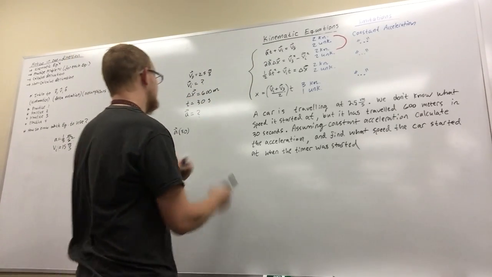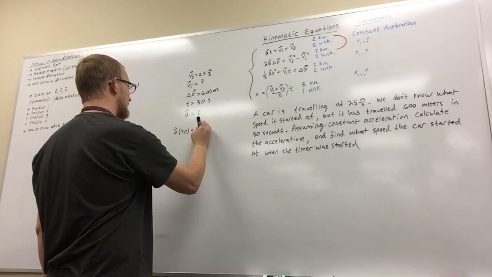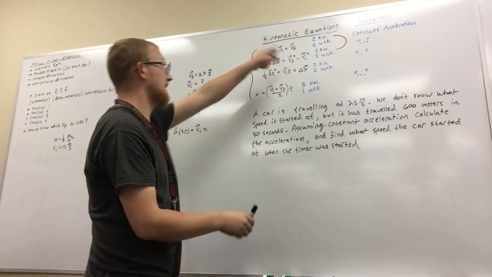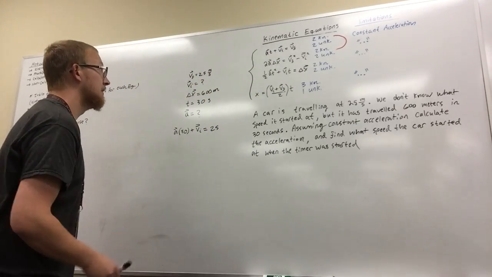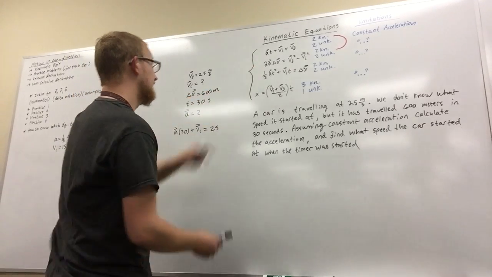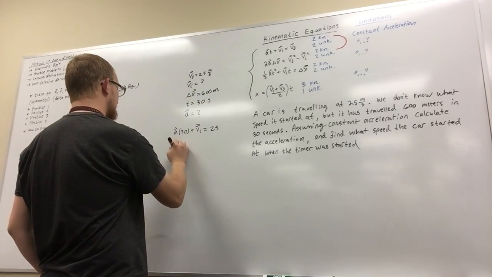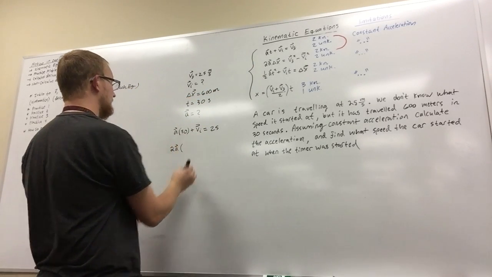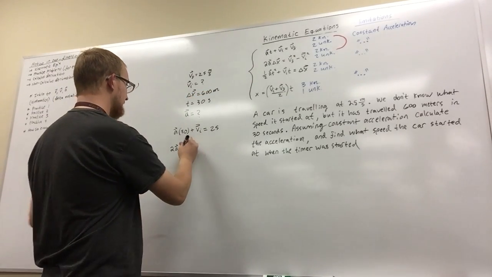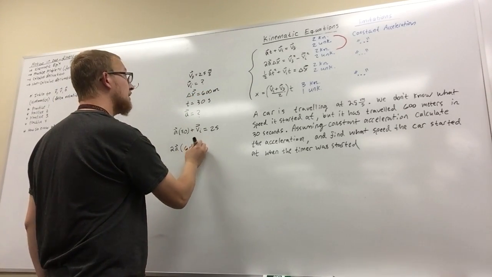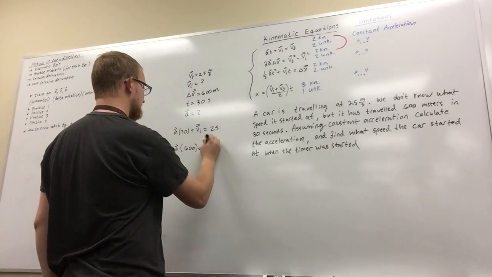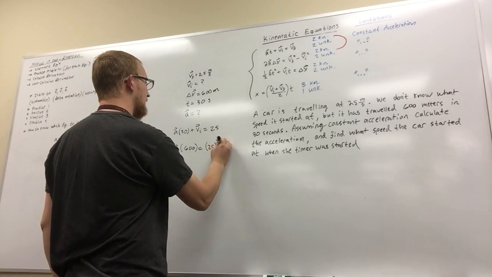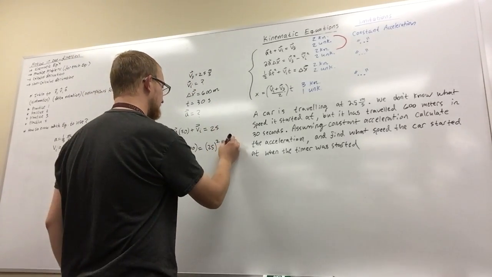So AT plus VI, we don't know VI, it's an unknown, equals VF. We do know VF, it's 25 meters per second. Our next equation, 2A delta x, we don't know A. We do know delta x though, it's 600 meters, equals VF squared, that's 25 meters per second squared, minus VI squared, and we do not know VI.